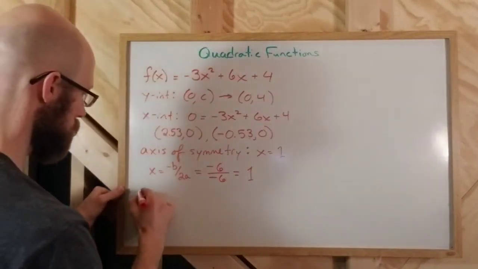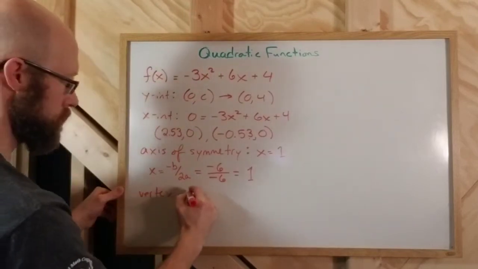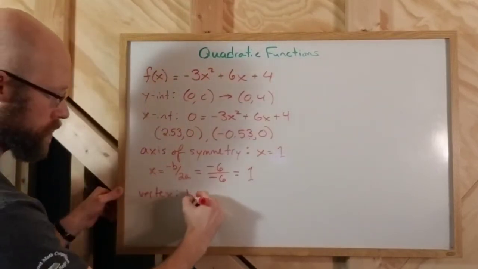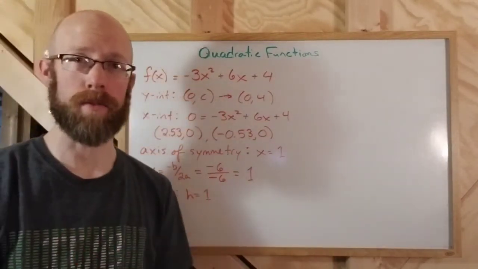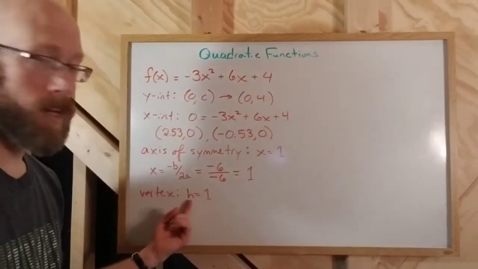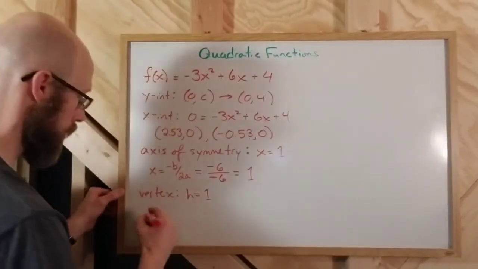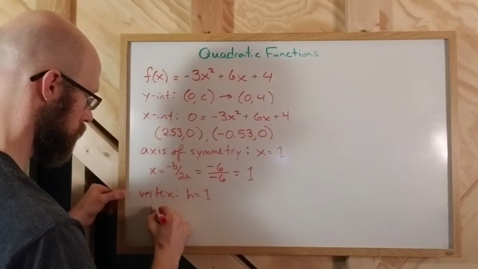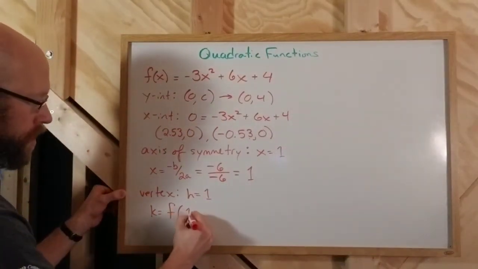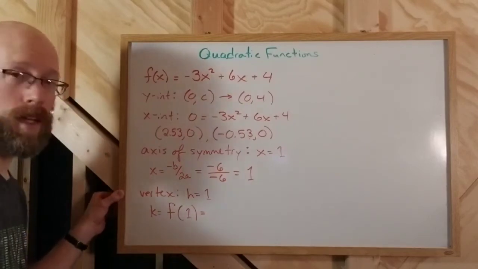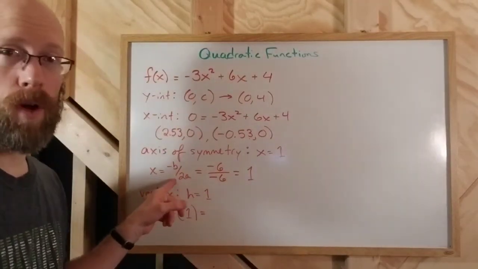Okay, next is the vertex. Remember, the vertex is found by using this same formula. So the h value is the 1. Remember, vertex is h and k from the vertex form. So the x coordinate, or the h, is 1. The k, or the y coordinate, is what you get when you plug that 1 back into the function, right? It's f of negative b over 2a.